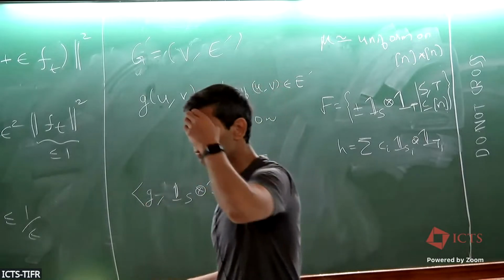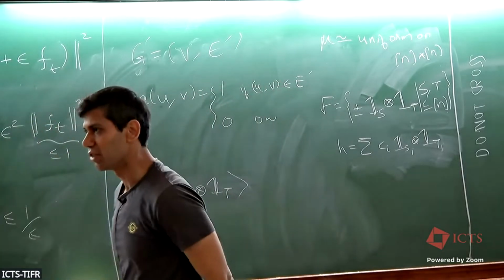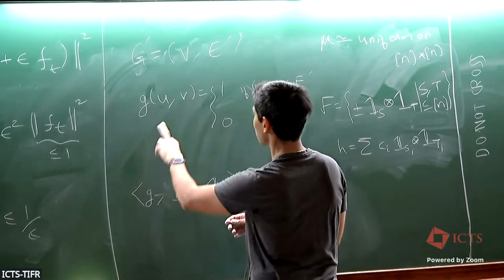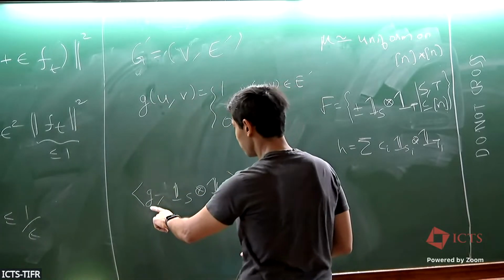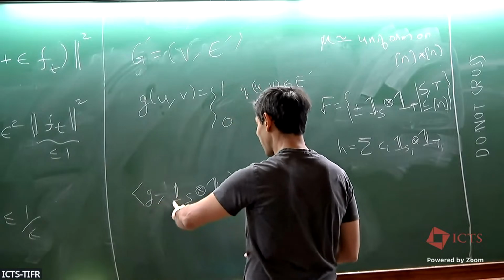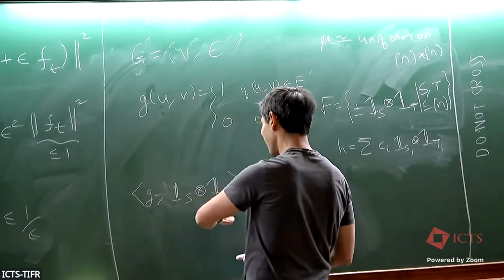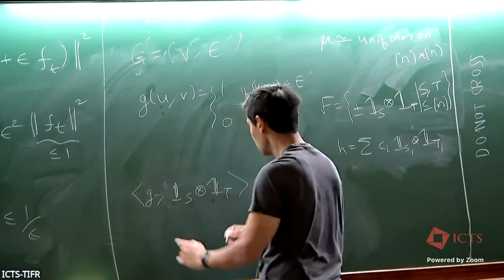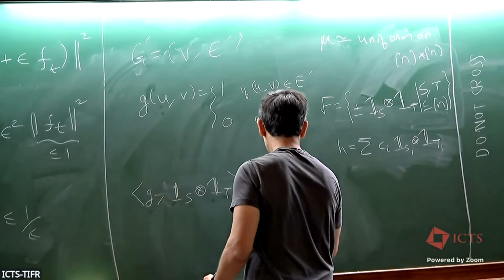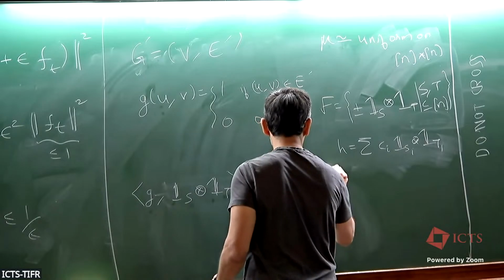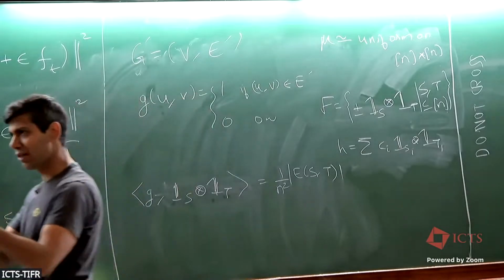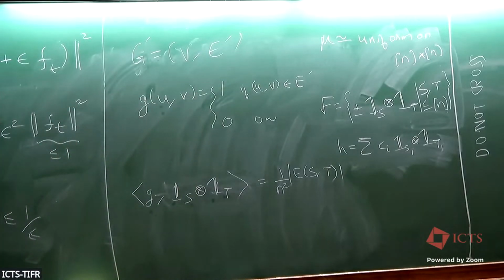G is a function on edges, and this is an indicator of u being in S and v being in T, and this is just checking if uv is an edge. So this is actually 1 over n squared times the number of edges between S and T. When you define the number of edges, you have to define it a bit more carefully. If they overlap, then you just count it twice. Okay, good.